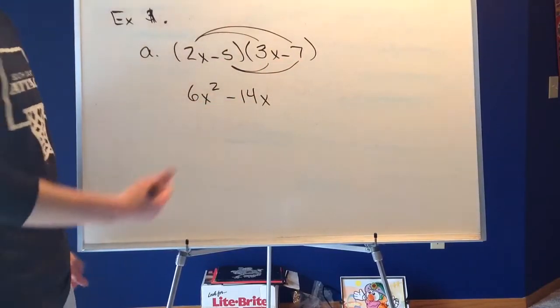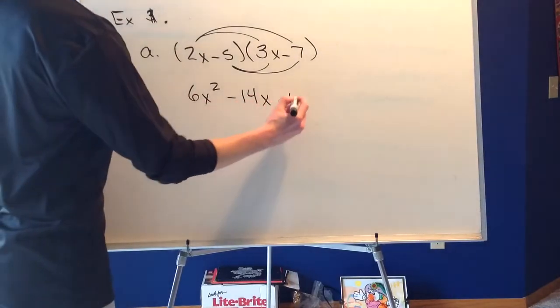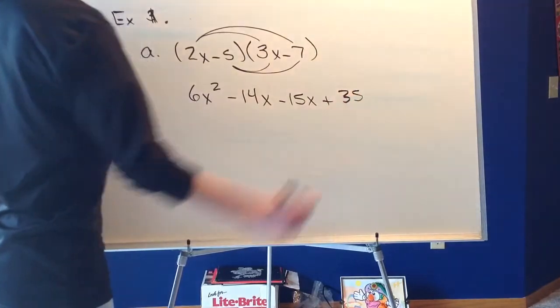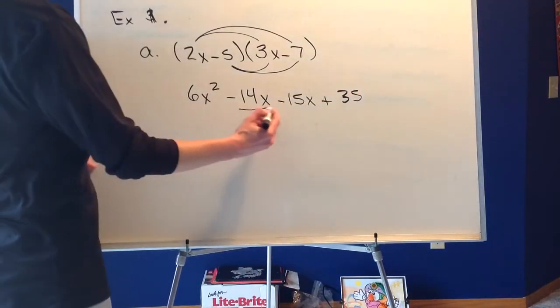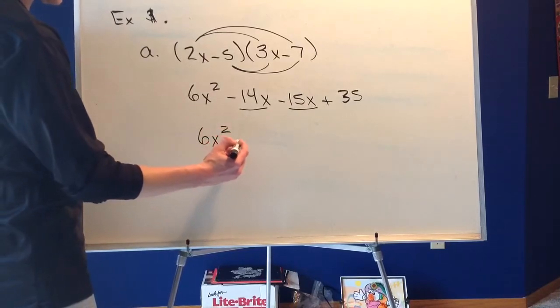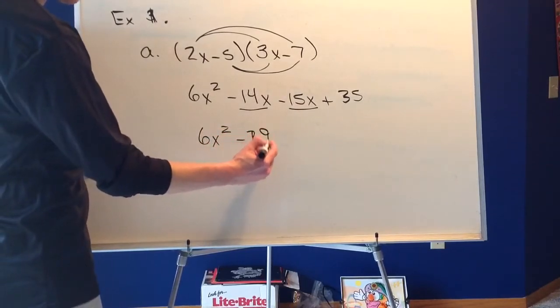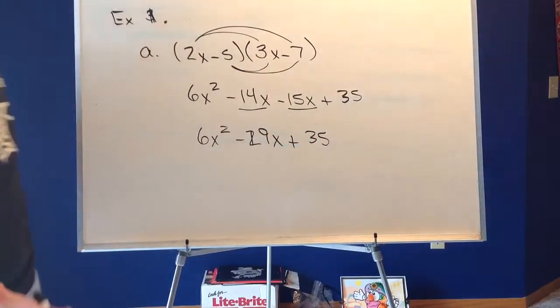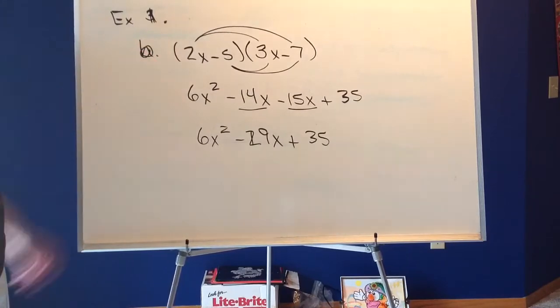It really doesn't matter what order you distribute in, but I find that to be the easiest way for students to do it. Again, look for your like terms. You have the two in the middle. So you will end up with 6x squared minus 29x plus 35 as your final answer for this one. And that was B.